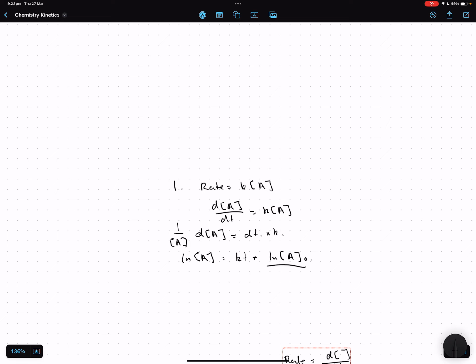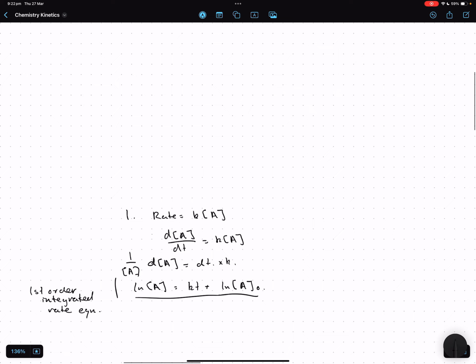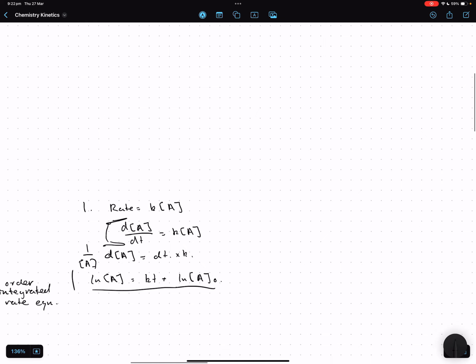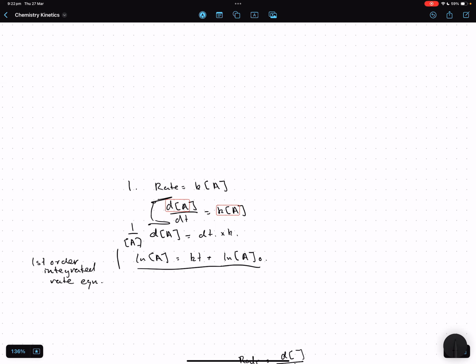It's very important. It's just the way it starts out. The graph always starts out at some point, and that's how we sub in the point. So this is the first order integrated rate equation, because it's just taking this and integrating it.